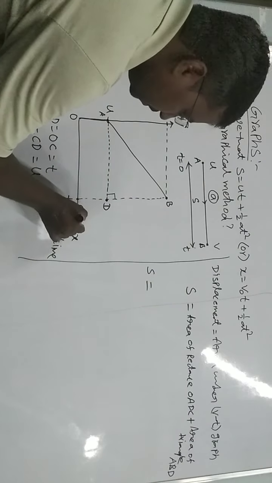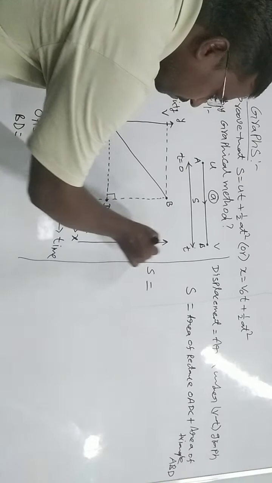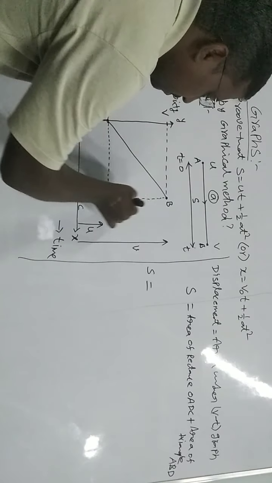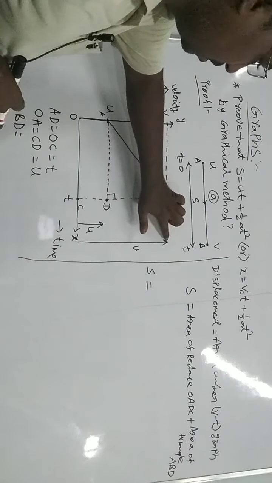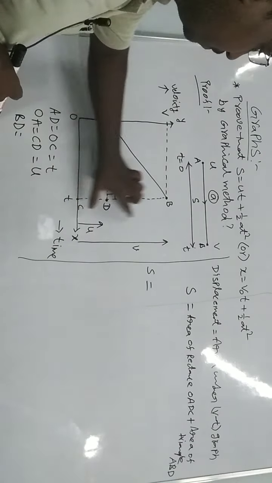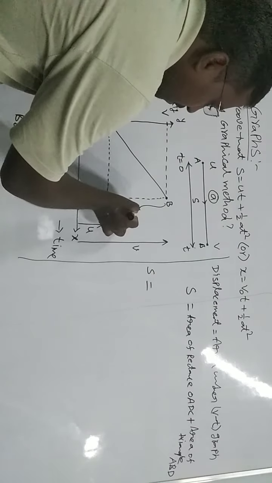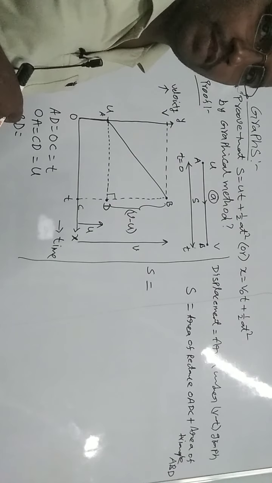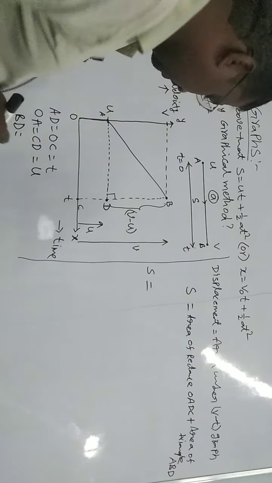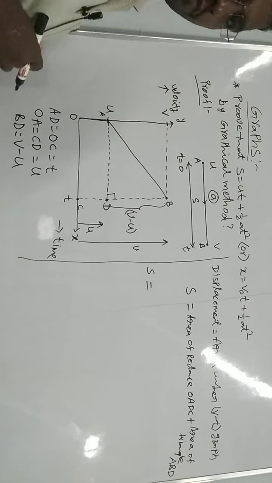So this is U and this is V. Now what is BD? It is V minus U. That is, this value is V minus U, which is the change in velocity. So BD represents V minus U.